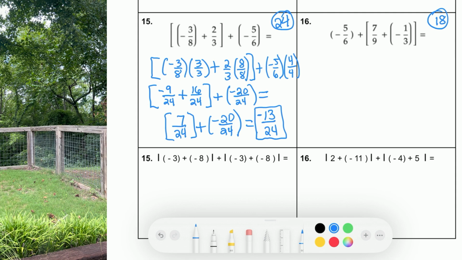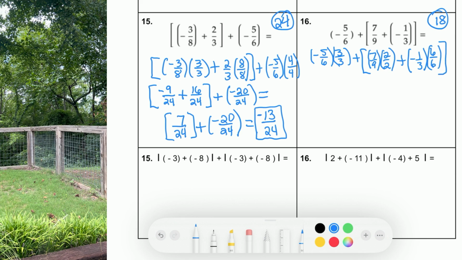I'm going to adjust these just like we did on the other one. So negative 5/6 times 3 over 3, plus my bracket 7 ninths times 2 over 2, plus a negative 1/3 times 6 over 6.